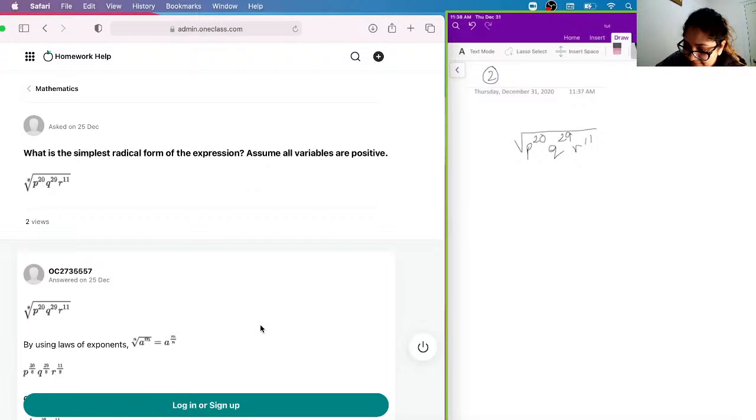Okay. So when we're given this expression, we have to use the law of exponents, right?